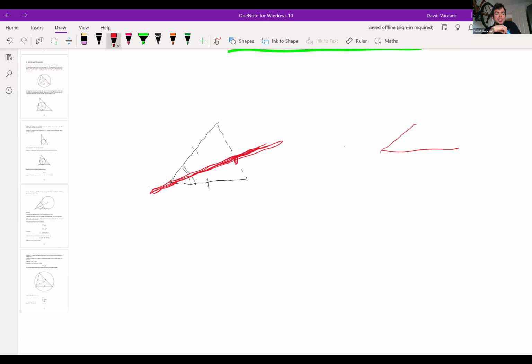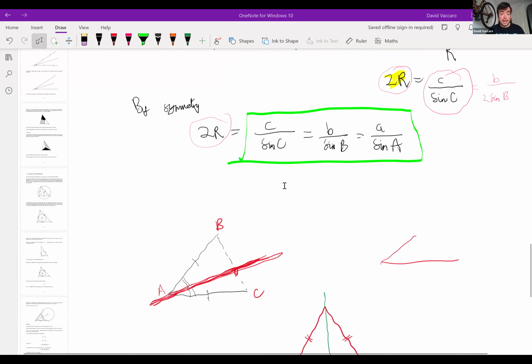Does anybody want to suggest how else I can chop an isosceles triangle into two congruent halves? So if I've got an isosceles triangle, ABC, what line can I draw that will chop it into two congruent halves? The perpendicular bisector. Excellent.